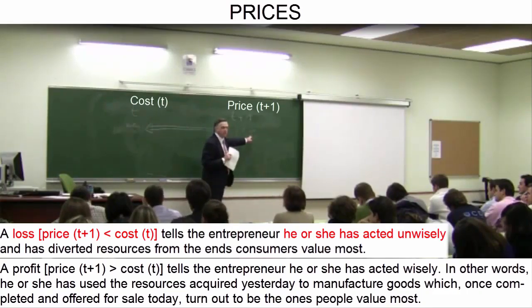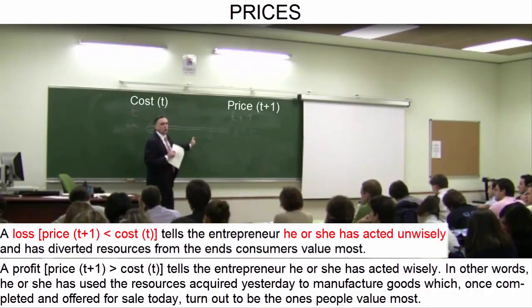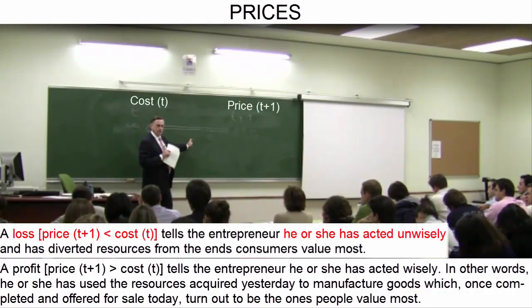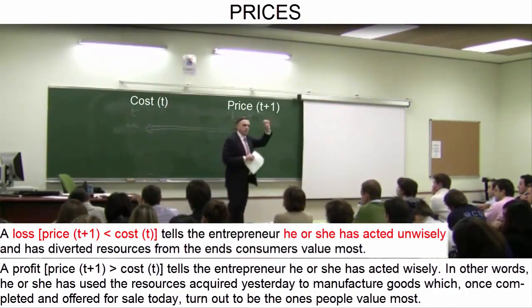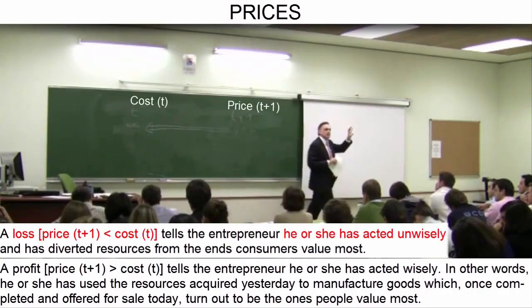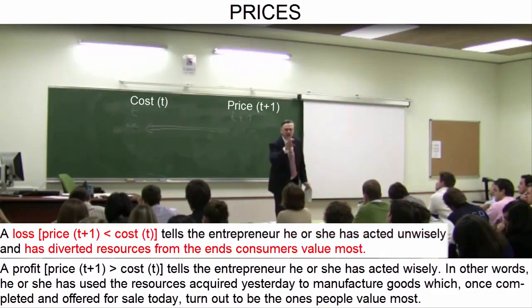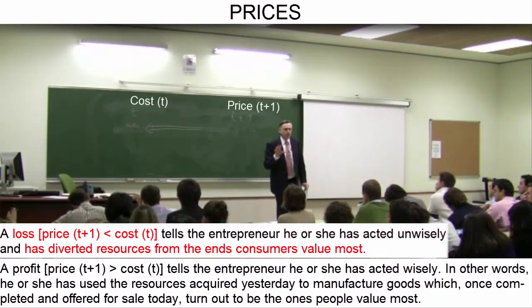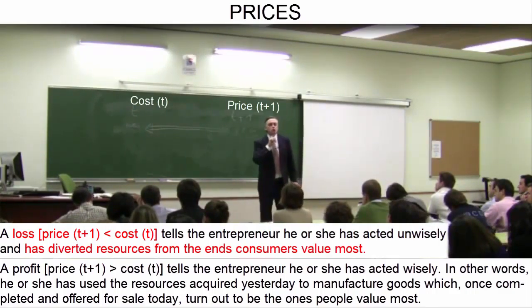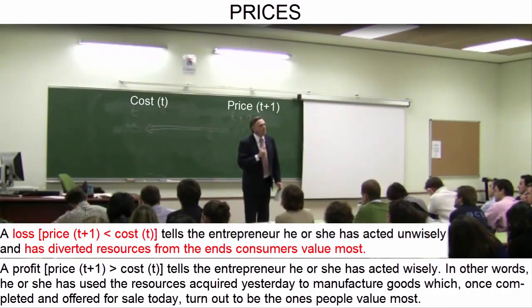Well, if an entrepreneur suffers a loss and cannot obtain a price high enough to at least permit him to recover costs with a sufficient profit margin, the sign he is receiving from the spontaneous market order is that he has acted unwisely in the following sense: those scarce resources, those factors of production he has acquired in his entrepreneurial process, were more urgently needed and valued by consumers in other production processes. This is what an entrepreneurial loss means.